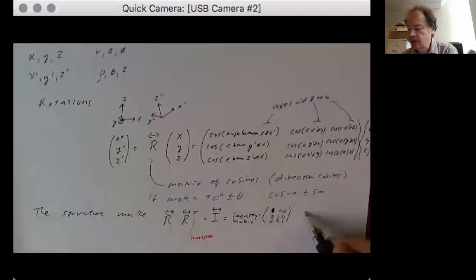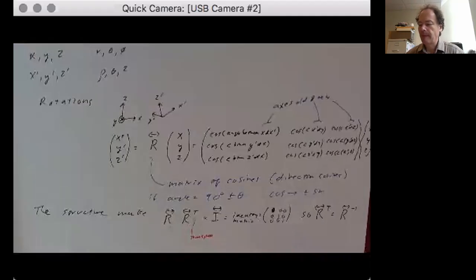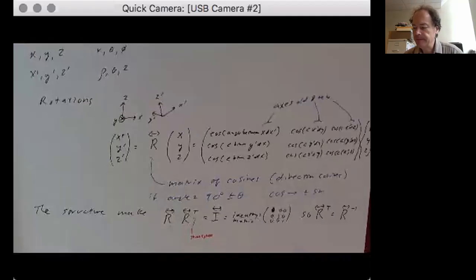And so R transpose is actually equal to R inverse. And that's kind of important.